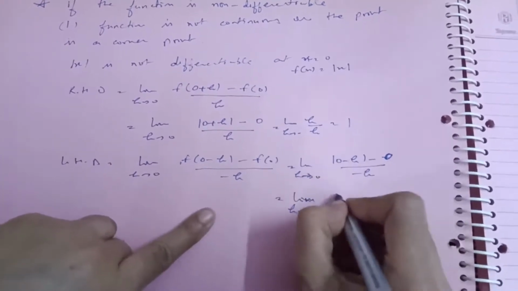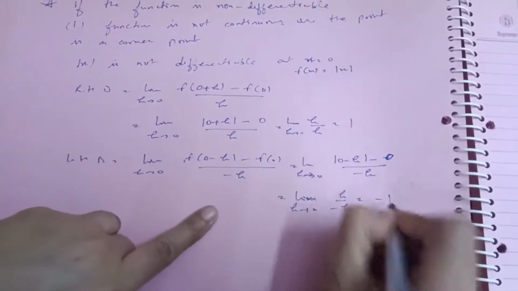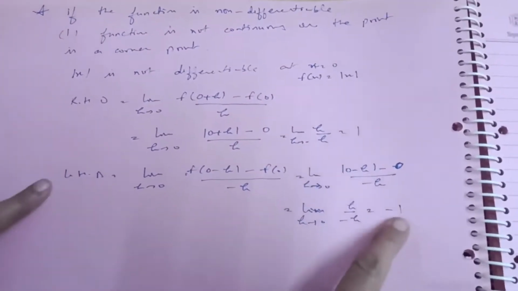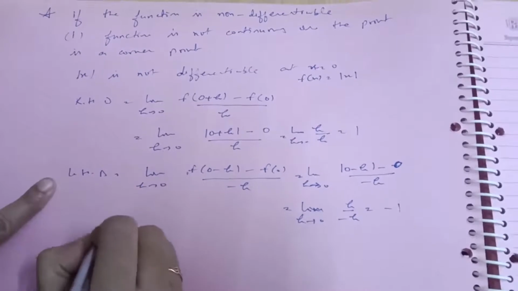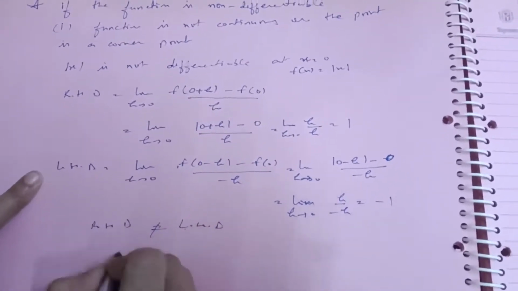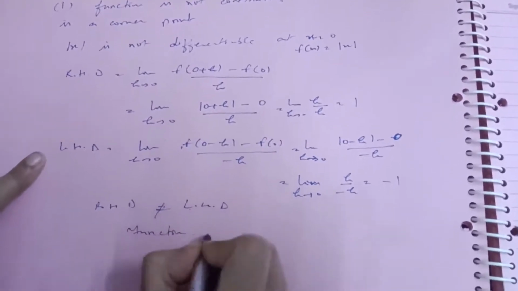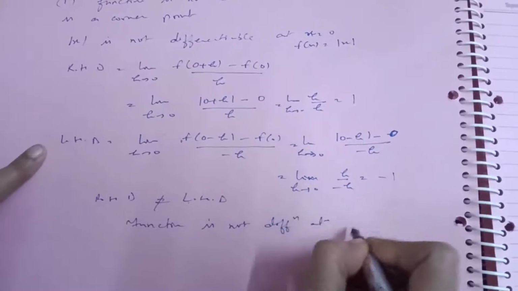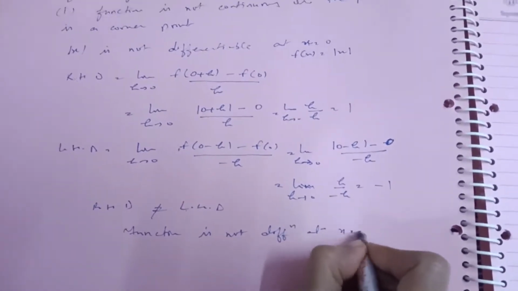Mod of minus h is positive h, but divided by minus h, it is minus 1. So you see, right hand derivative is 1, left hand derivative is minus 1, both are not equal. So function is not differentiable at x equals 0.